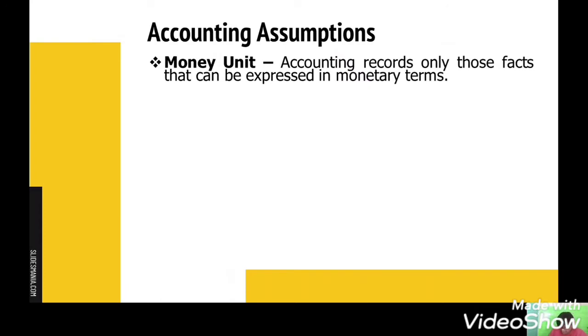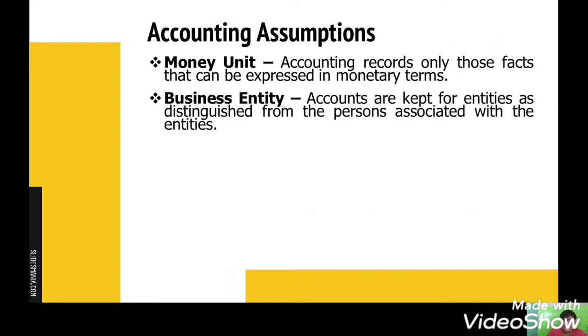So you have the money unit. Accounting records only those facts that can be expressed in monetary terms. So if you're in the Philippines, it should be pesos. If you're in the US, it must be in dollars. Business entities. Accounts are kept for entities as distinguished from the persons associated with the entities.